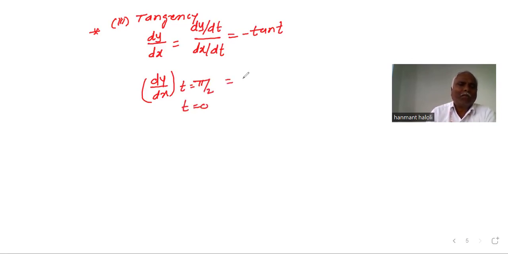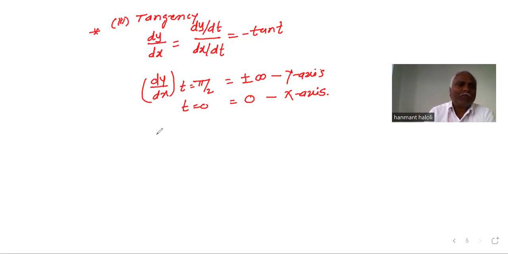If t equal to pi by 2, you get plus infinity, and t equal to 0, you get 0. This means the y-axis is also tangent, and the x-axis is also tangent to the curve.